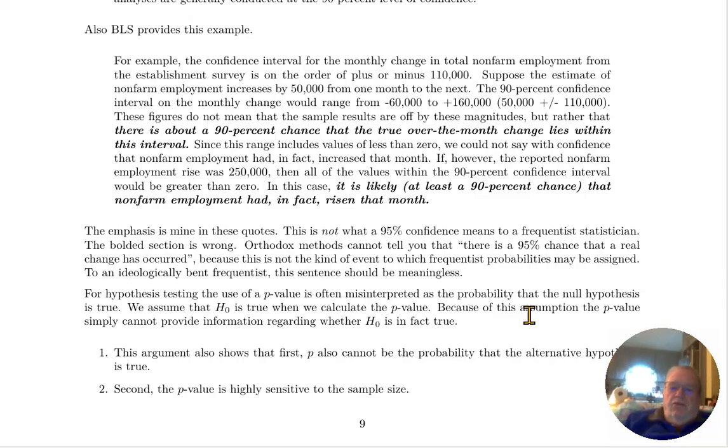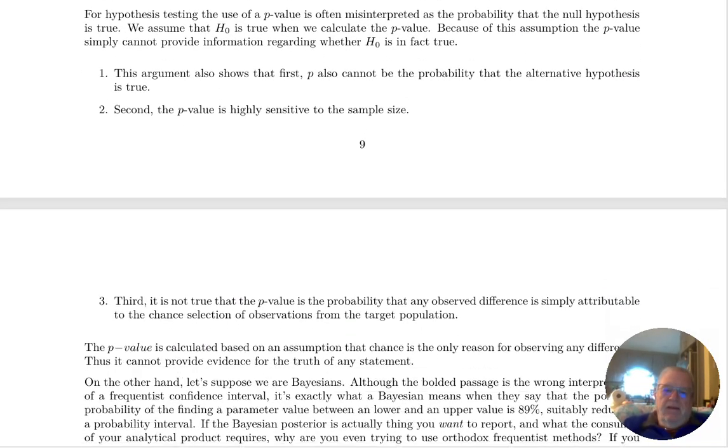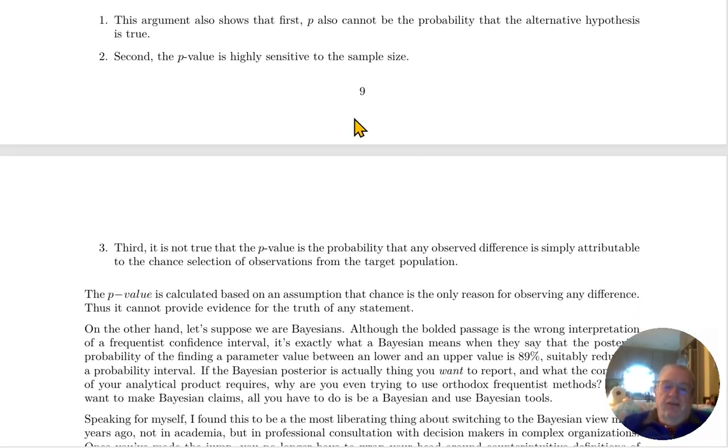It's just that it's big or small. And it's highly sensitive, as we saw, to sample size. Very, very sensitive, 7 times higher in some places. And it's not true that the p-value is a probability of any observed difference. It just isn't. It's just a chance selection of observations from the target population.